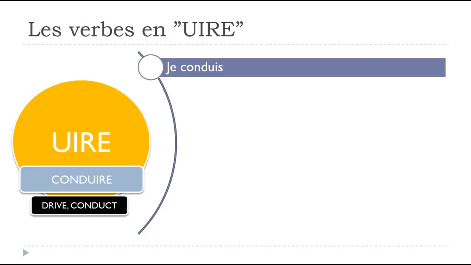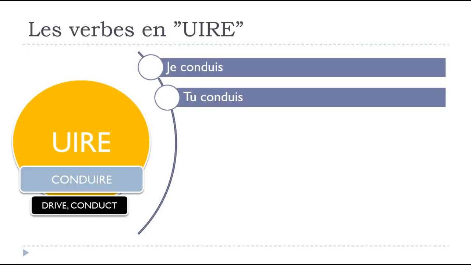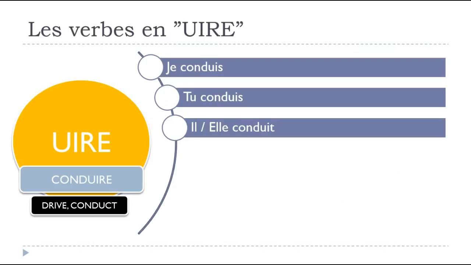Je conduis. Tu conduis. Il conduit. Elle conduit. So far it's not that difficult, okay, because I assume that most of you would have put this final S here, S and then T, because in most of the cases that's the way we will conjugate the verbs of the third group.